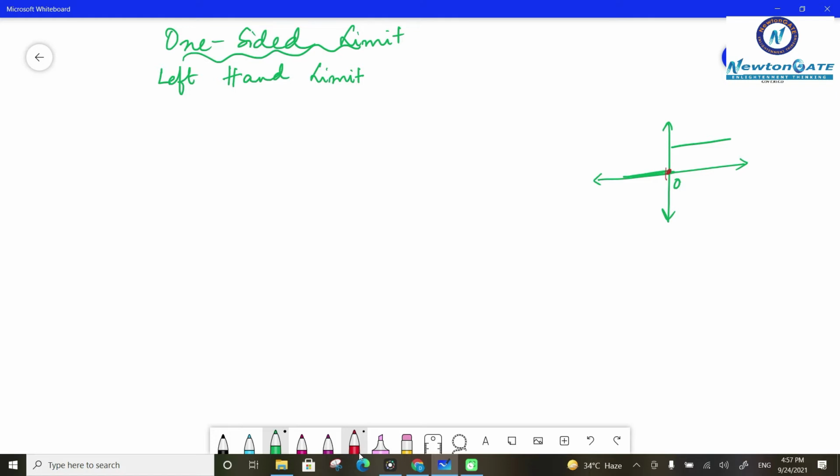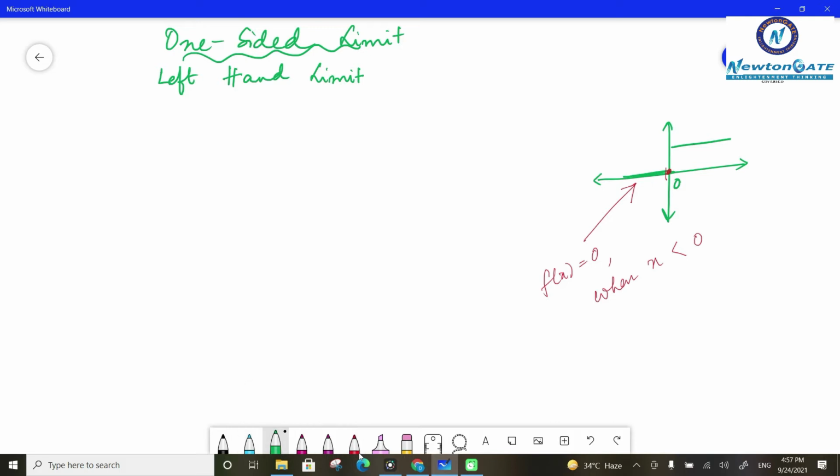However small I take, this function will always give me the value 0, that is f(x) will be 0 when x is less than 0. So I can say that for this function the left hand limit is actually 0.